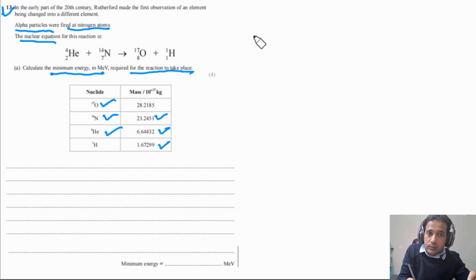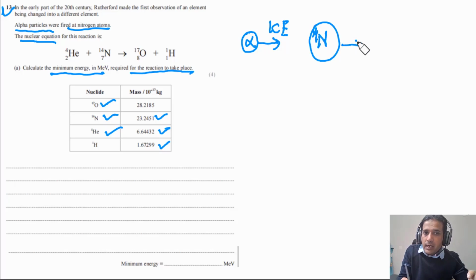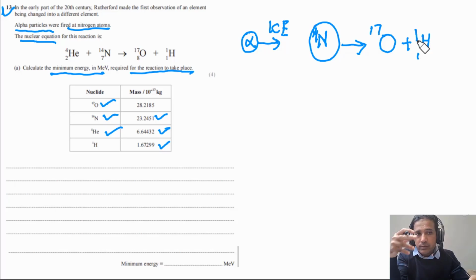First of all, we need to understand this reaction, what is happening here. In this case, we have an alpha particle. It has a certain amount of kinetic energy, and we fire this one at nitrogen. So this one is nitrogen 14, and after this we have oxygen 17, and we have a proton, or you can say hydrogen. So how can we calculate the minimum energy? The question is a very important one.